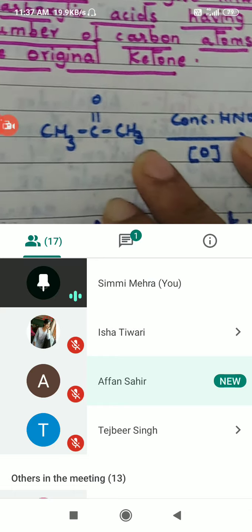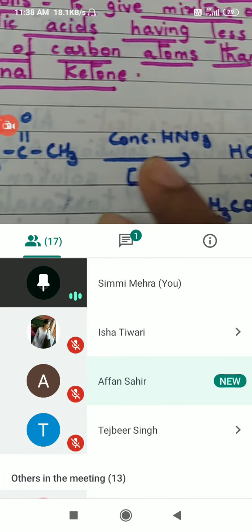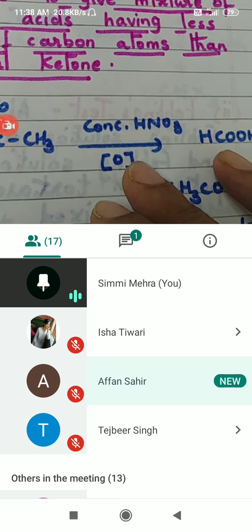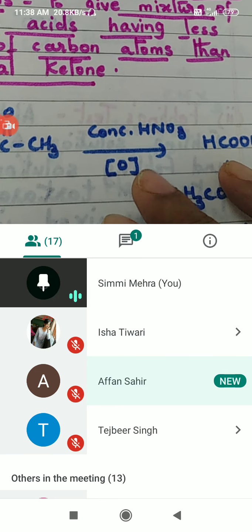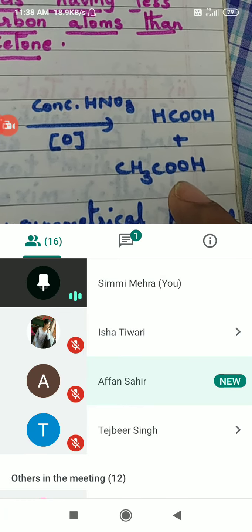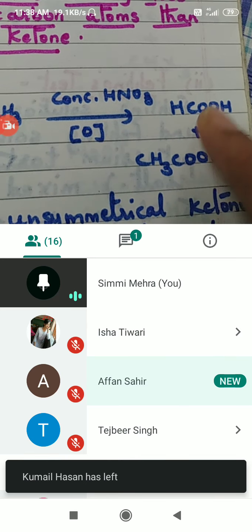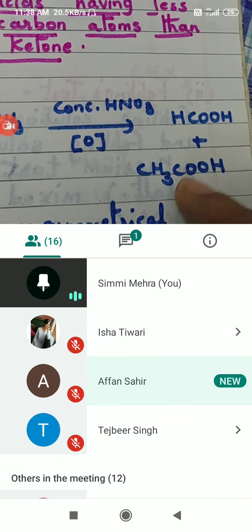For example, if we take acetone, this is propanone, and it is oxidized with concentrated nitric acid, which is a very, very strong oxidizing agent, it gives you formic acid and acetic acid. It gives you a combination of two acids.